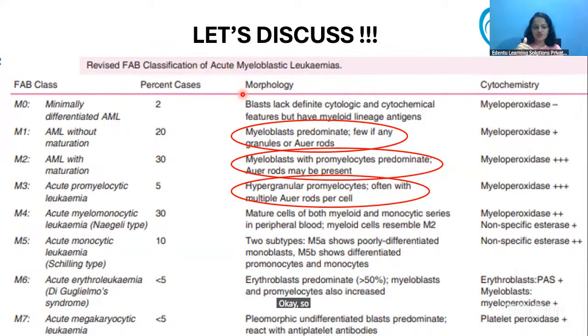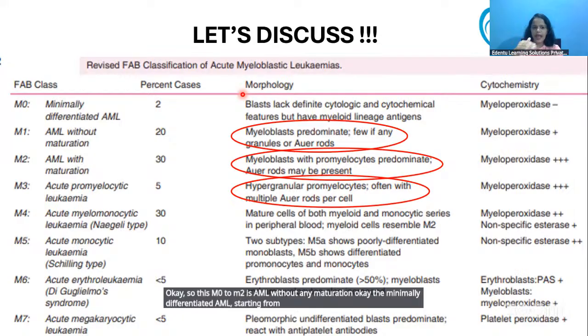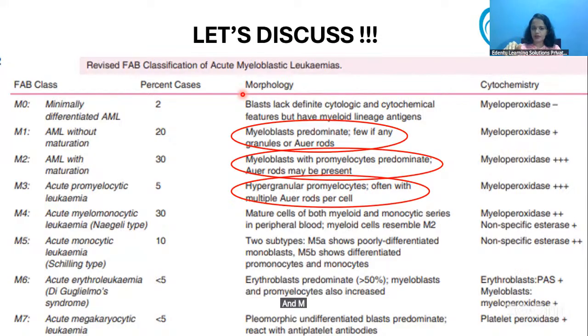M0 to M2 is AML, the minimally differentiated types, without much maturation. M3 is acute promyelocytic leukemia. M4 is myelomonocytic leukemia. M5 is monocytic leukemia, M6 is erythroleukemia, and M7 is megakaryocytic leukemia.